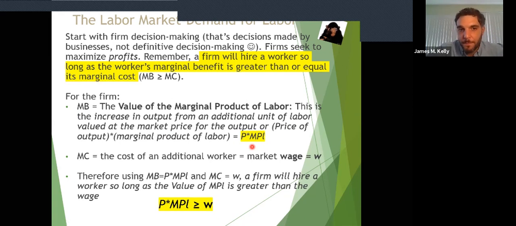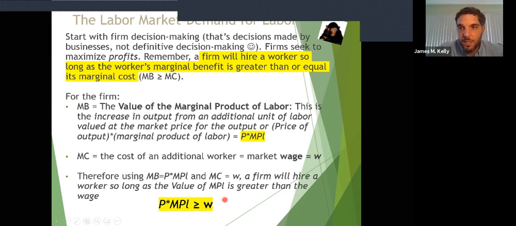The marginal cost, how much it costs to hire that worker, is just the market wage. So a firm's going to hire a worker so long as the value of the marginal product of labor is greater than the wage rate.